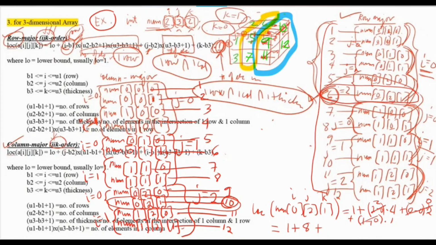This is 1 times 1, that's 1. So the result now is 8, 9, 10. Okay, so we have a consistent result. The position in our list is 10, and what we got using the addressing function formula for column major is also 10.